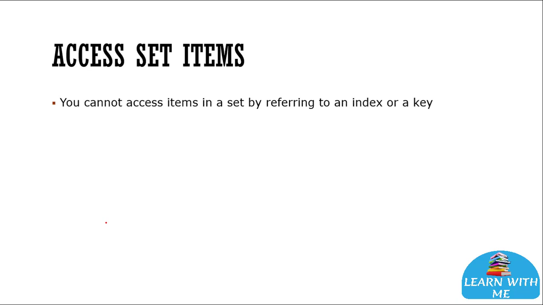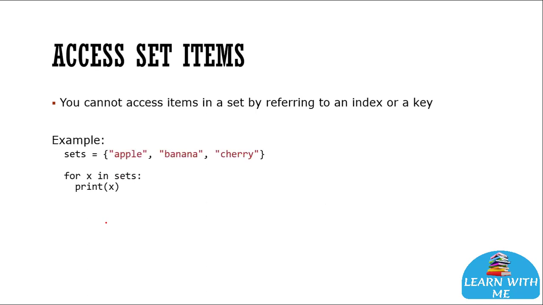Access set items. We can't access any elements through indices or any key. If you want to access an item from a particular position, you can't, unlike with lists. We can use a for loop, but we can't traverse using the length of the set.